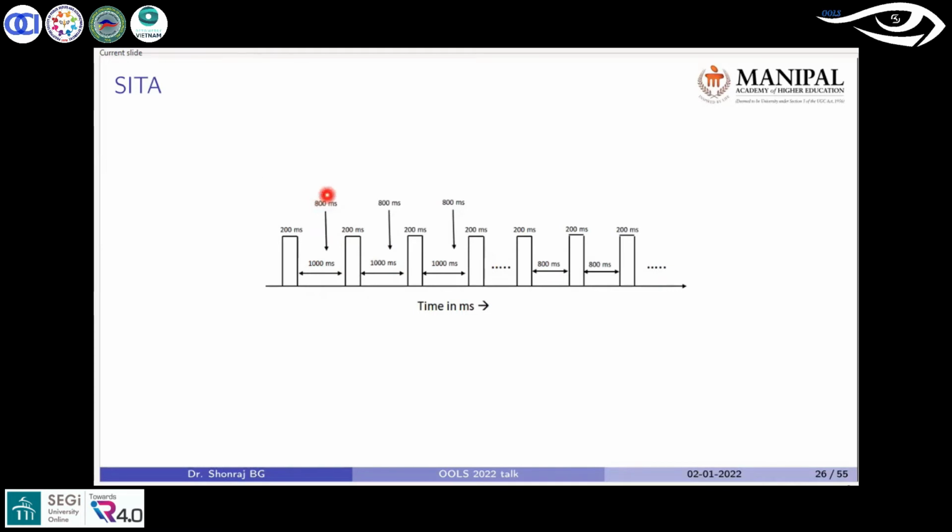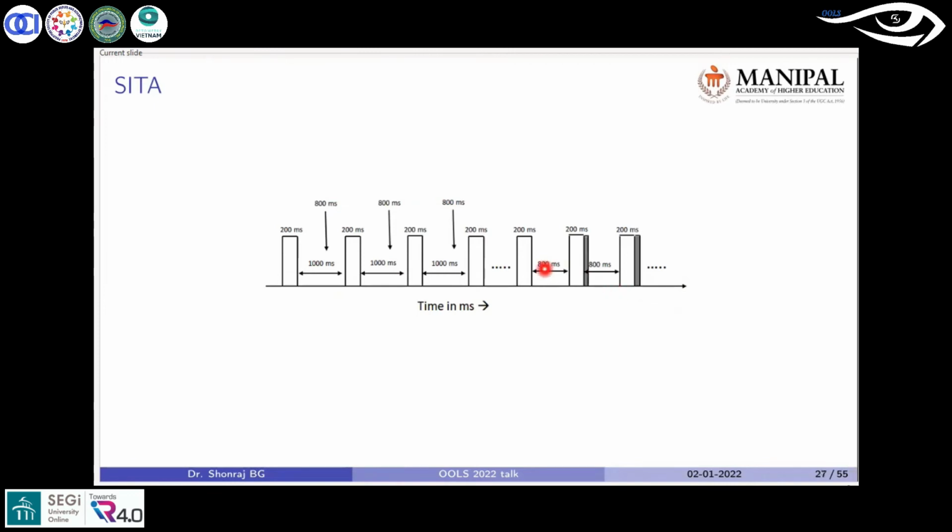For example, if someone is responding at 600 milliseconds, 600 milliseconds, 600 milliseconds, then the window would be kept at 700 or 600 milliseconds or something like that. So the interstimulus duration will be altered based upon your responses, and that's how it reduces the test duration.